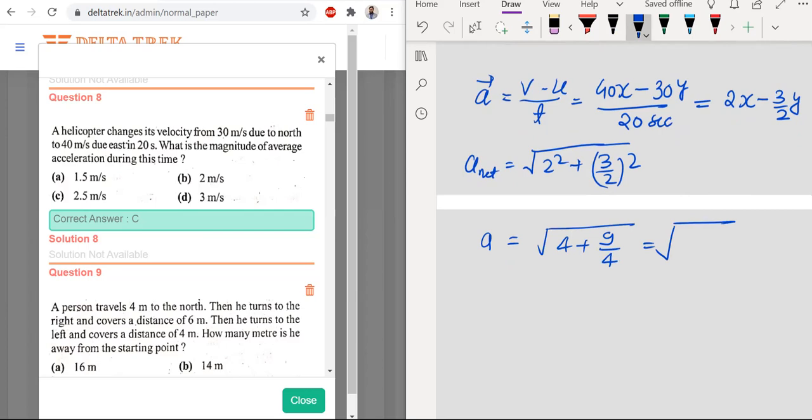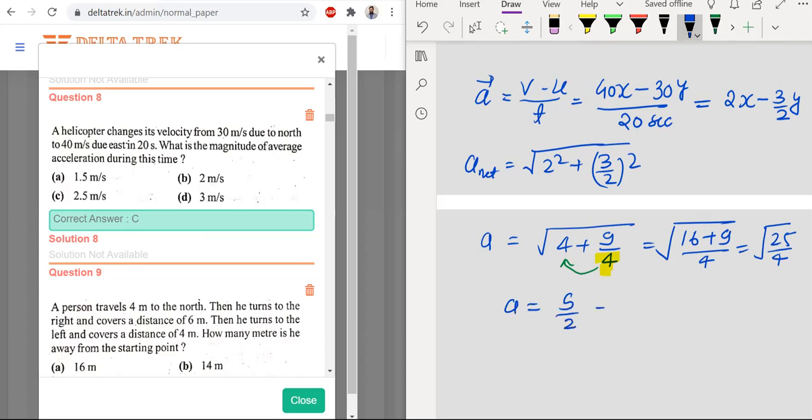Now how to solve this? I have already explained it. If there is a number in the denominator and a number is in multiplication, okay, so this is very simple. 25 is the root of 5 and 4 is 2.